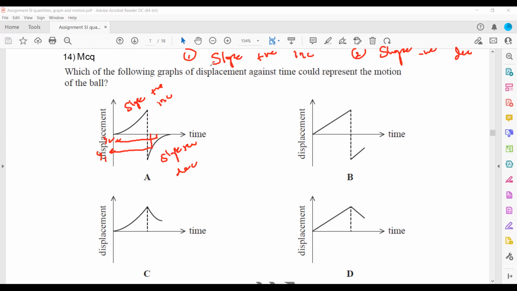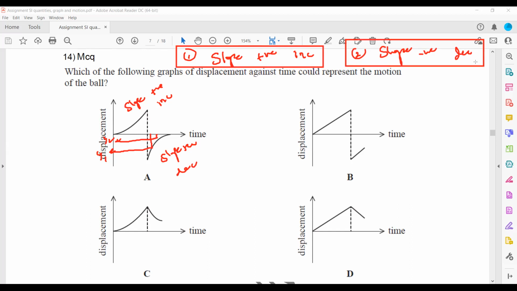But what we want is a displacement time graph for which the slope should be positive and increasing, and then the slope should be negative and decreasing. When you check option B, it's a straight line. So straight line means slope is constant, so it cannot be an answer. When you check option C, first part, the slope is positive and it is increasing.